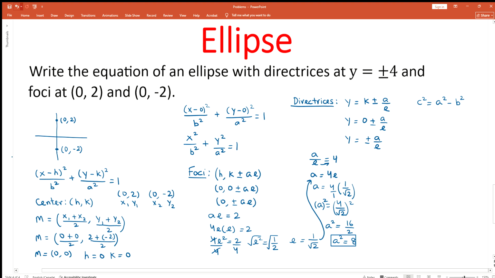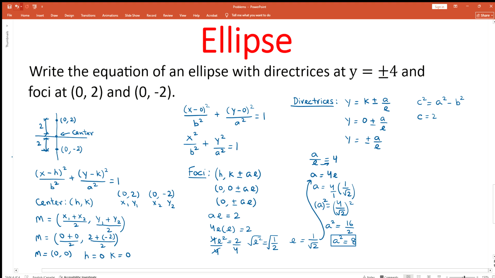As per the foci points I plotted on the board, the center of this ellipse is at the origin. So the distance from the center to either of the two given foci points is 2. That means c is equal to 2.